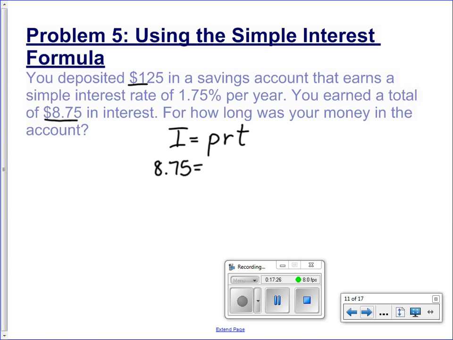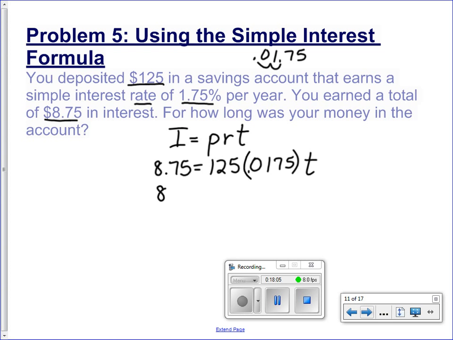Our deposit, our principal, was $125. Our interest rate was 1.75, which has to be changed to a decimal. So remember on percents, if it's in percent form, I want to go in the opposite direction. So 0.0175 is our interest rate. And we want to know for how long. So there's the variable that we are going to be hunting for.